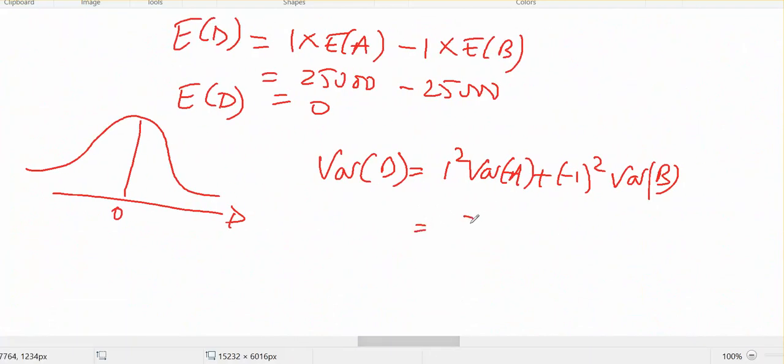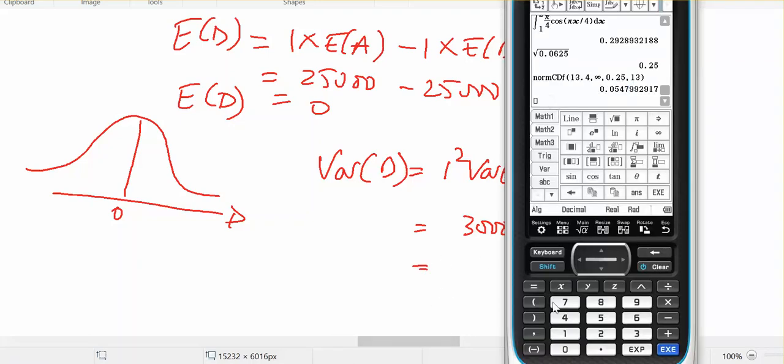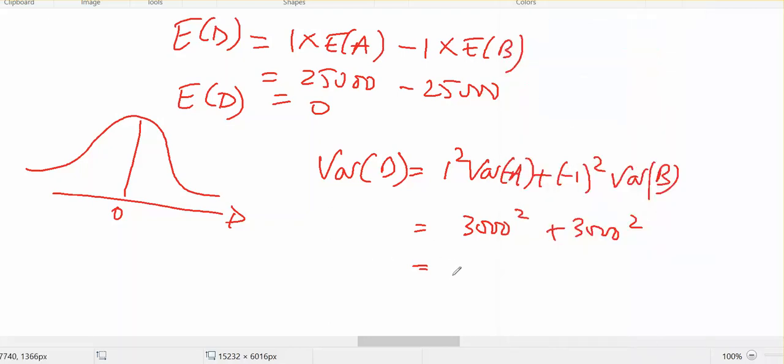And of course the variance is 3,000 squared plus 3,000 squared, which is 2 times 3,000 squared, and then I take the square root of that answer. The standard deviation of D is 3,000 root 2.